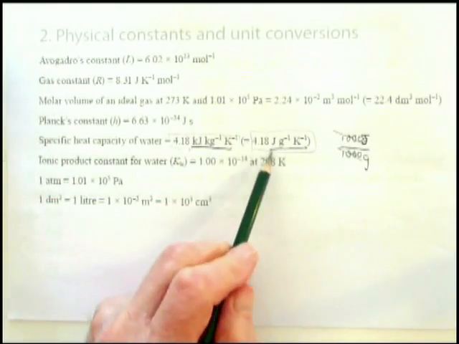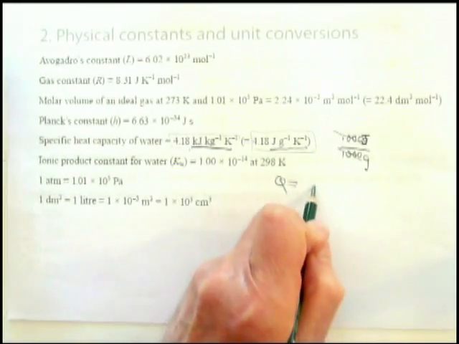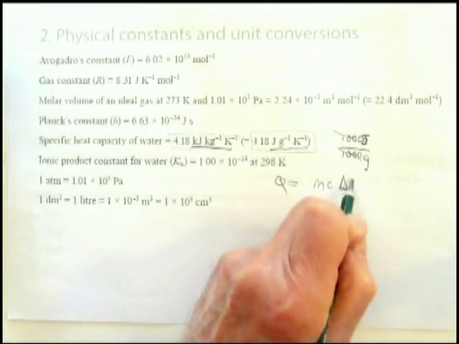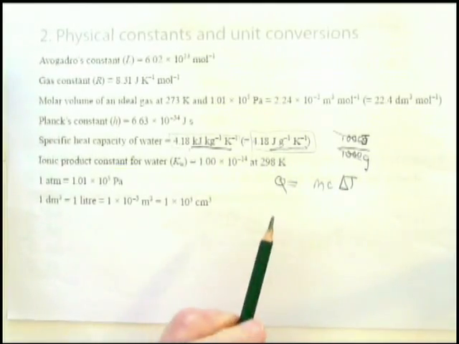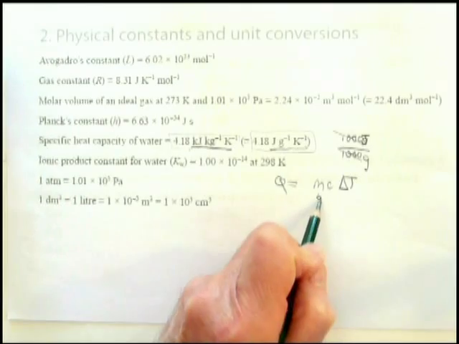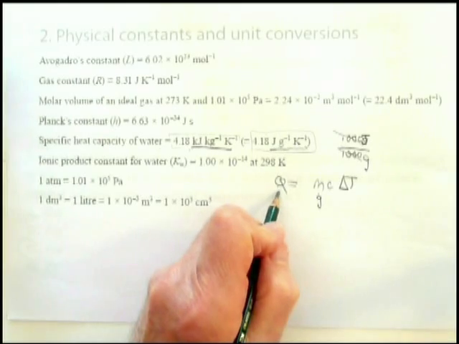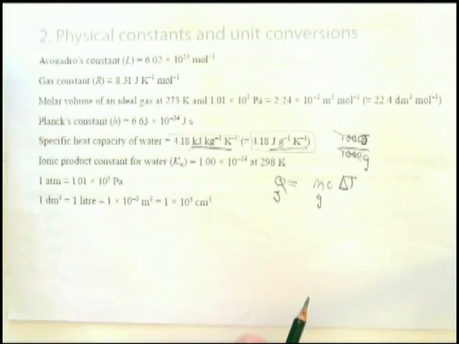It's important to realize that, because when you're doing the equation, Q equals mc delta T, if m is given in g, then the Q would be given in J, joules.